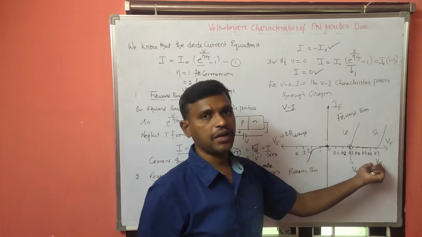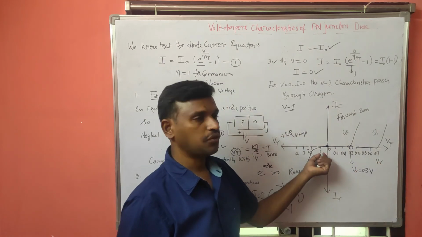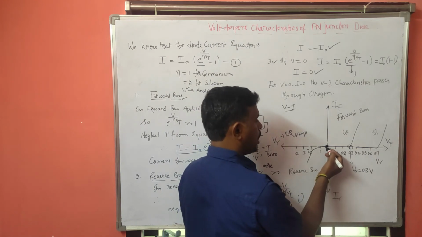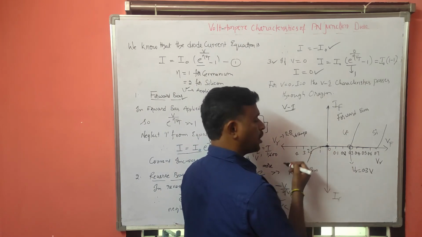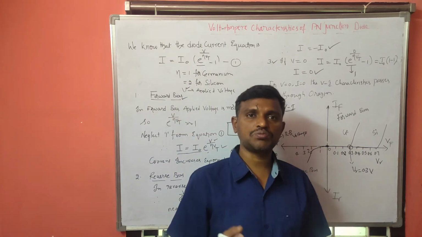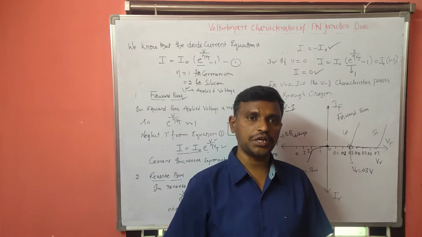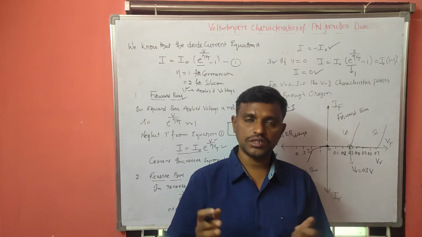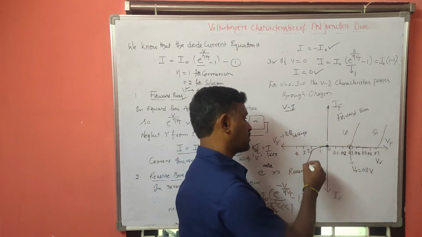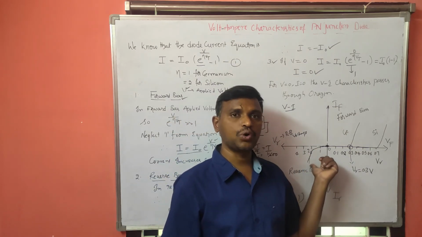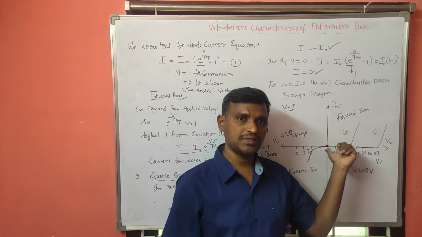So the forward current will be in milliamperes and this reverse current will be in microamperes. Up to some particular point it will be a very small current, but if you further increase the negative voltage, a junction breakdown appears, and because of the junction breakdown the current rises sharply. That is the breakdown current, and the corresponding voltage is called the breakdown voltage.